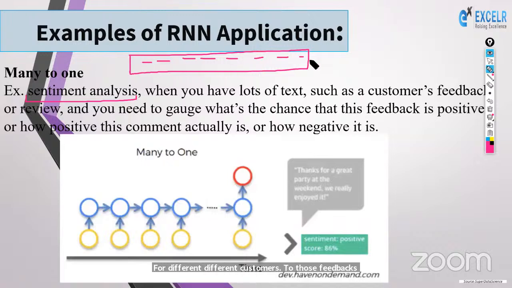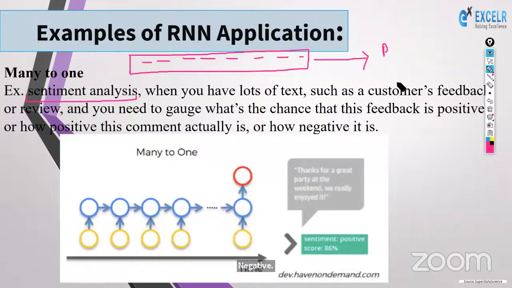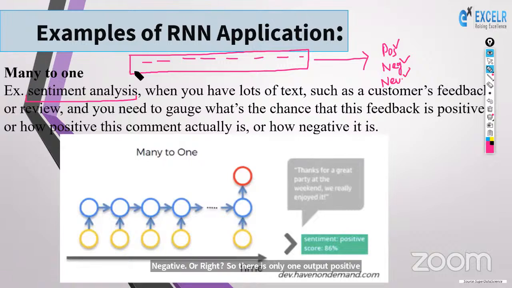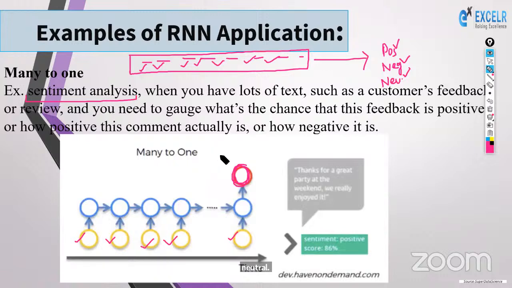That means we have a sequence of words, which is the input to the RNN, and the RNN will generate whether this customer has a positive, negative, or neutral sentiment, right? So there is only one output, positive or negative or neutral. But the input is many words. So this is a typical example of many-to-one application.